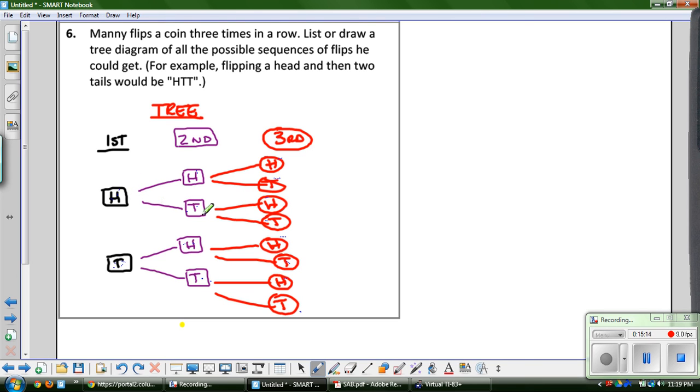So if you didn't want to make the tree diagram to do that, you certainly could have made it by a list. In fact, I can argue the tree diagram helps us do that. So heads, heads, heads would be one possibility. Heads, heads, tails would be the next. Heads, tails, heads. Heads, tails, tails. Tails, heads, heads.